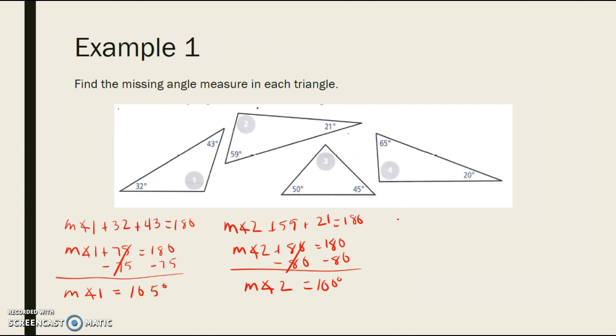Same for angle 3. Measure of angle 3 plus 50 plus 45 equals 180. 50 plus 45 is 95, so we know that the measure of angle 3 plus 95 equals 180. Subtract from 180, and so the measure of angle 3 will be 85 degrees.